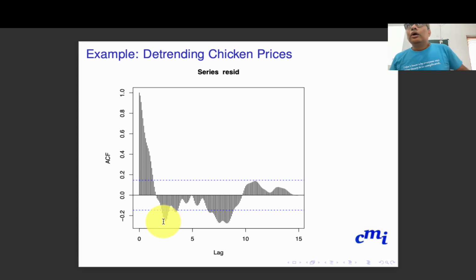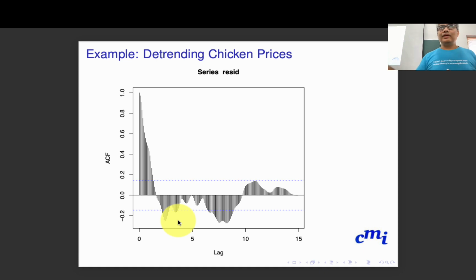Now, how you do that is a bit of a trick that we need to work on, because remember that this is the autocorrelation function of the residual, not of the data itself, not of the series itself. You understand what I'm saying? So you have to be careful about that.